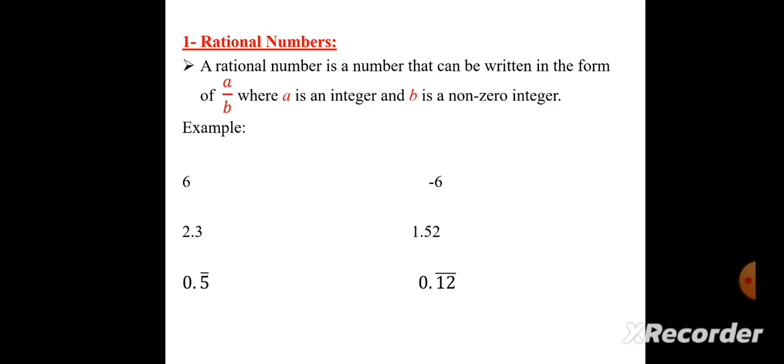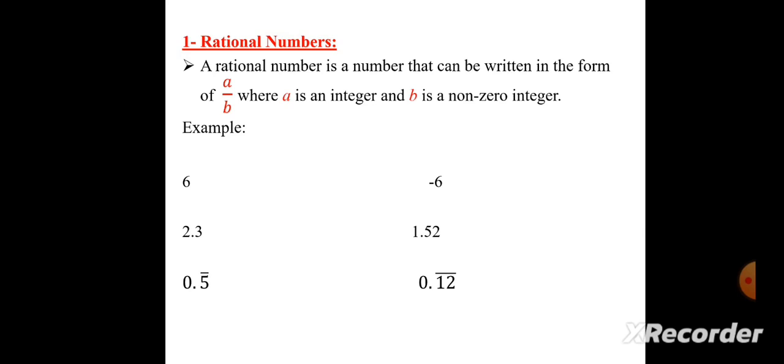Now, how can I know whether a given number is rational or not? As a definition, a rational number is a number that can be written in the form a/b, where a, the numerator, is an integer, so it can be positive, negative, or 0.